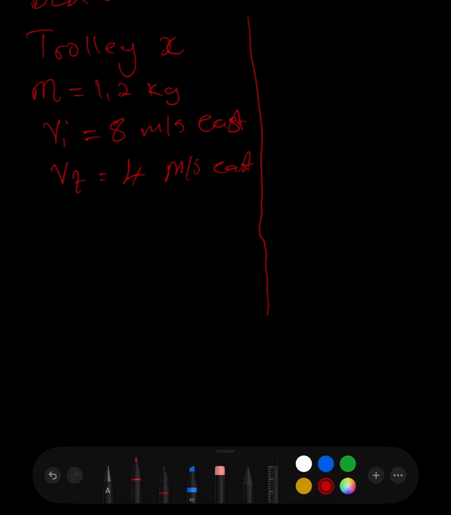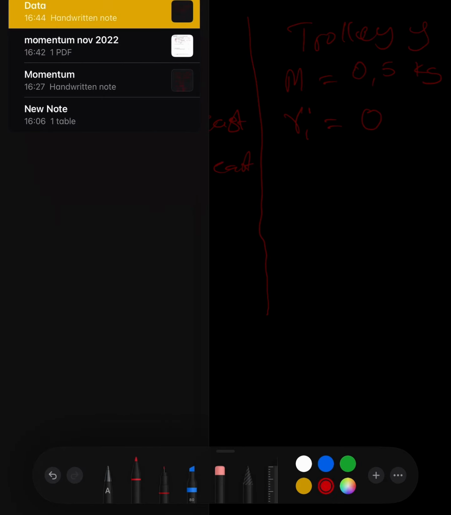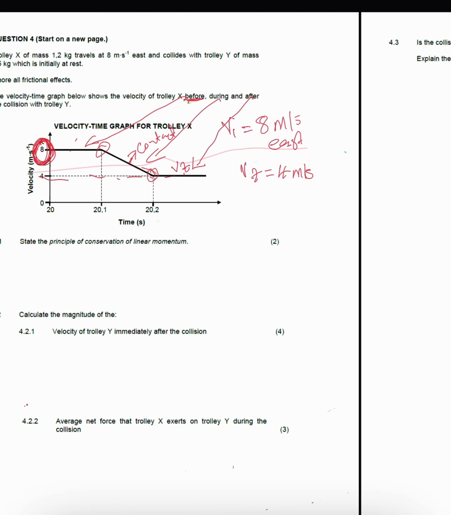Okay, what do we know about trolley Y? We know that the mass of trolley Y is equals to 0.5 kilograms, and we know that the initial velocity of trolley Y is equals to 0. So this is the information that we currently have, okay? Now let's go to our question here.